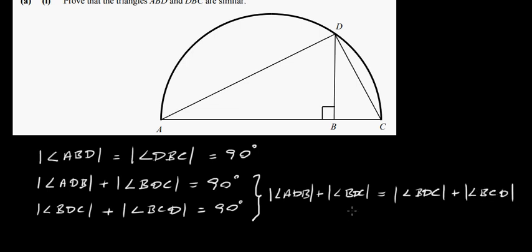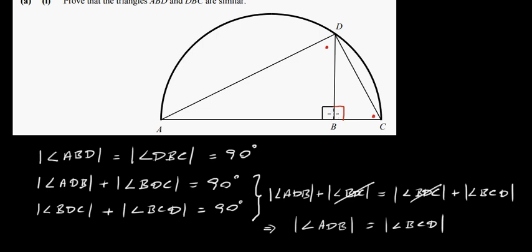So you can see here we have a BDC on this side, we have a BDC on this side, so we can just subtract that from both sides, and that will just give us that the angle ADB must be equal to the angle BCD. So ADB, in other words, this angle here, ADB, must be equal to the angle BCD, this angle here. So we've shown that these two angles here are equal.